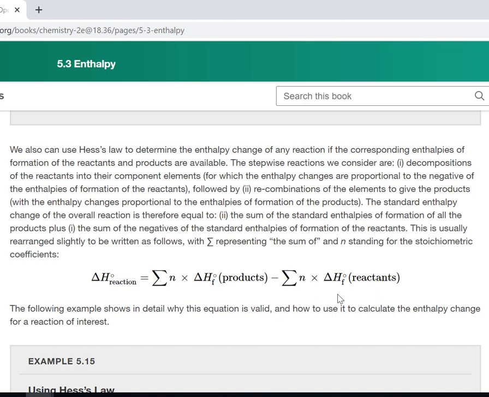You do the same thing for the reactants. You look up the heat of formation for each reactant, multiply them by their stoichiometric coefficients, add them all together. So you do that for products, then you do that for reactants, and then you take the sum of the products minus the sum of the reactants.